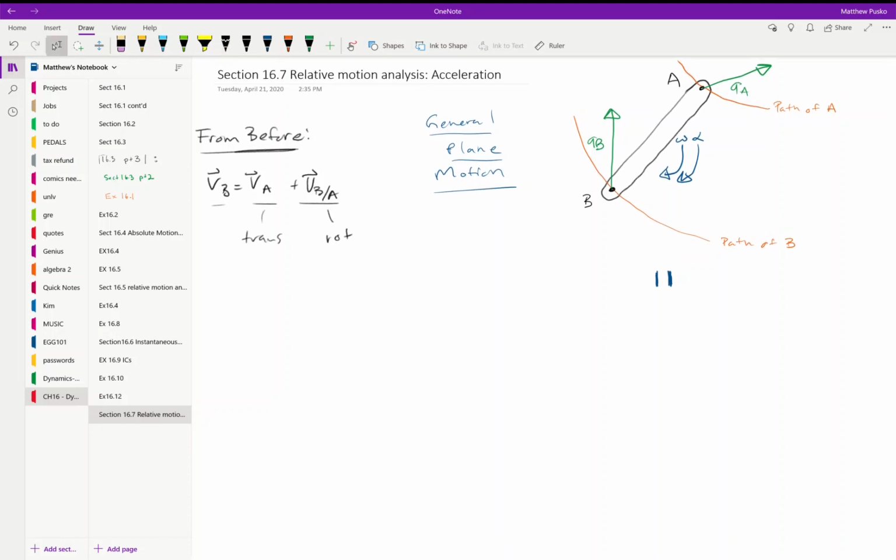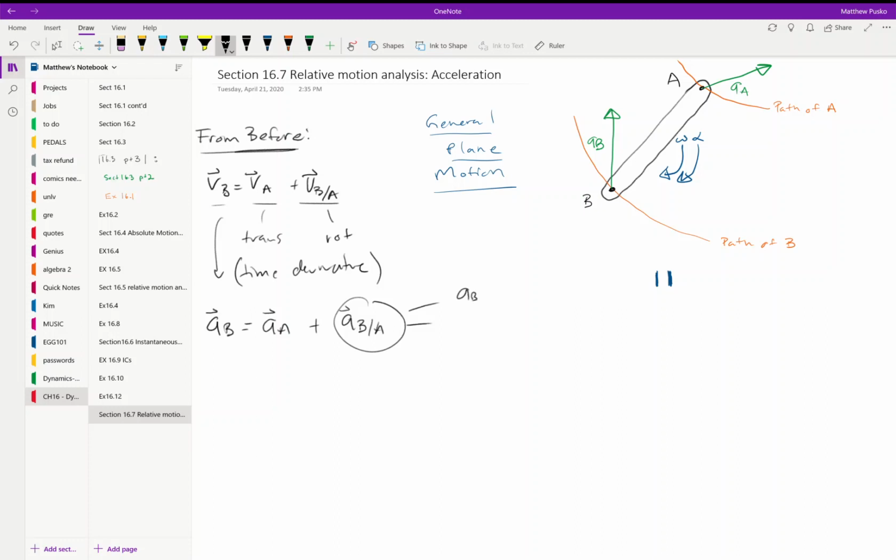First of all, let's take a time derivative. That will give me the acceleration of B is equal to the acceleration of A plus the acceleration of B with respect to A. Now this thing has two components, just like acceleration typically does.